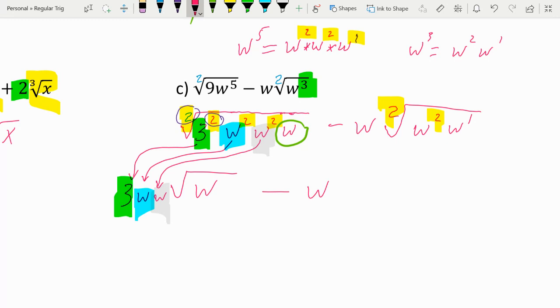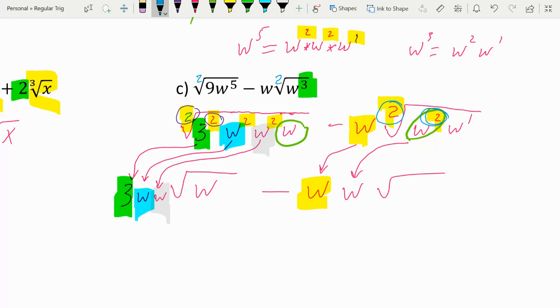Okay. Now let's move over. W. All right. So this w is that w. It was outside. I brought it outside. Now here, this w to the second is going to get dragged outside because, let me change colors here, that exponent of 2 and the index of 2 are exactly the same.